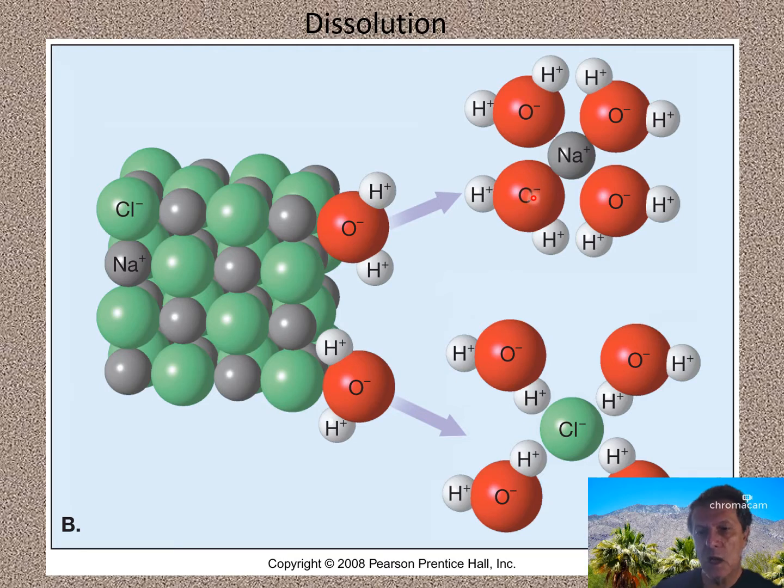The oxygen ions in the water molecule, H2O, are attracted to the positive sodium ions and surround the sodium ions. The negative chlorine ion is attracted to the positive hydrogen ion, and the water molecules surround this chlorine ion. So the water breaks apart salt by breaking up sodium and chlorine ions away from each other, and it's called dissolution or dissolving.